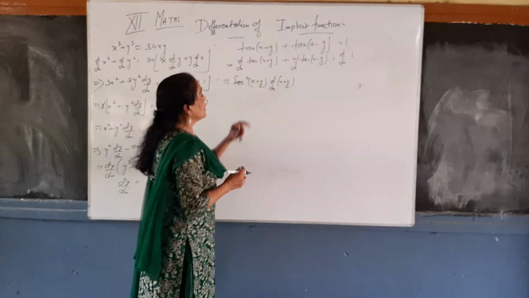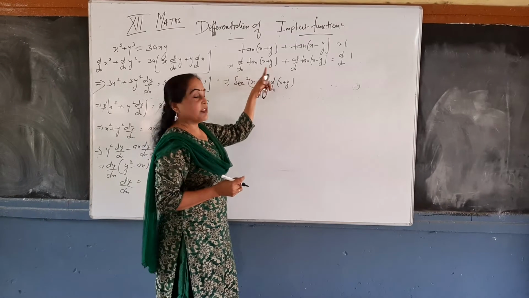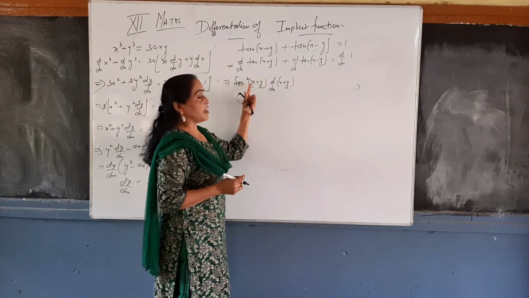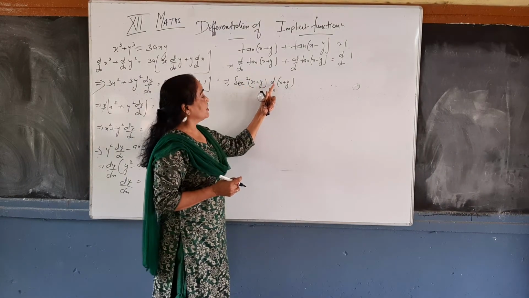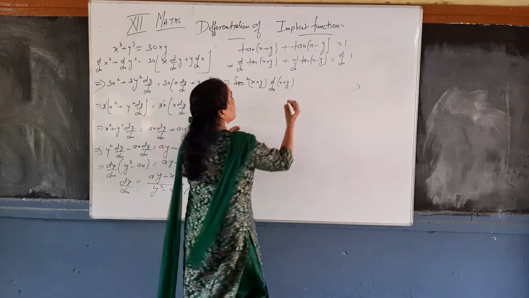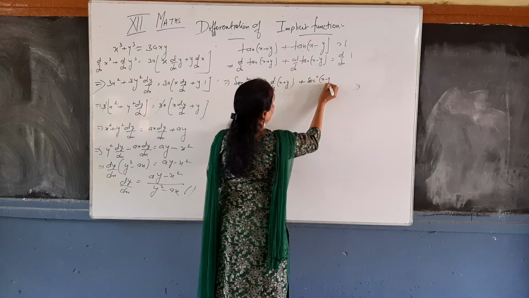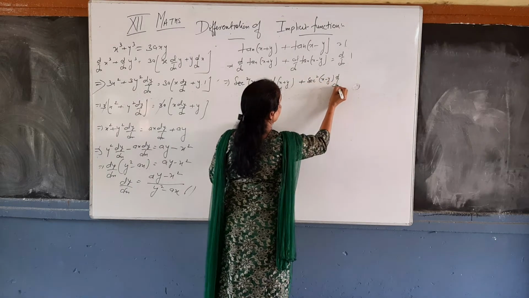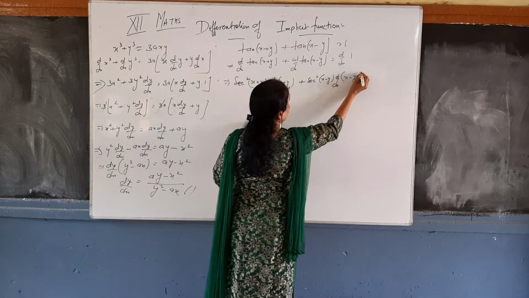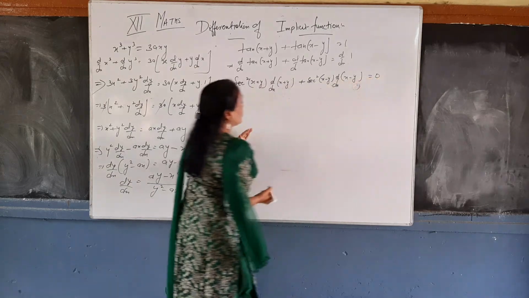Now here tan x plus y is given, so we differentiate to get sec square x plus y, then further we have to differentiate d by dx of x plus y. In the same way, here it will be sec square x minus y into d by dx of x minus y, and the differential of 1 is 0.